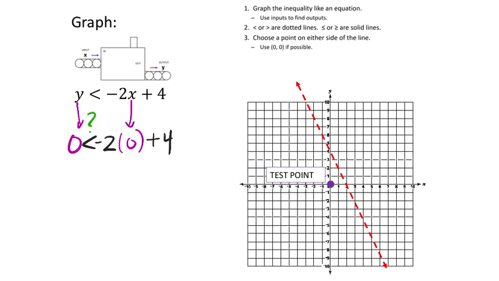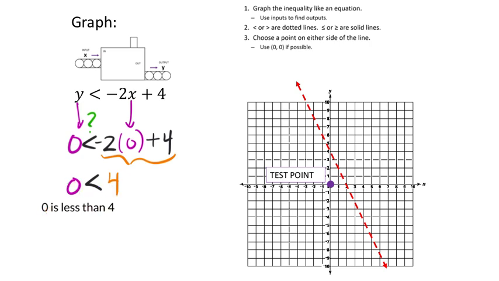But I do know that once I put this into my calculator, -2 times 0 plus 4, I get a value that's 4. So I have an inequality that shows 0 is less than 4. That is how this inequality reads. 0 is less than 4.